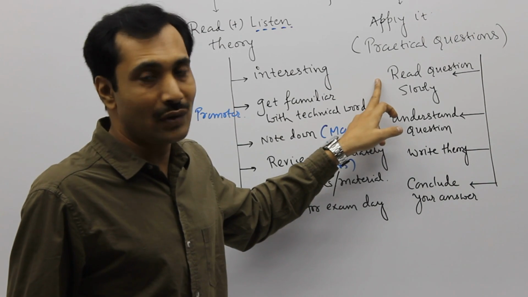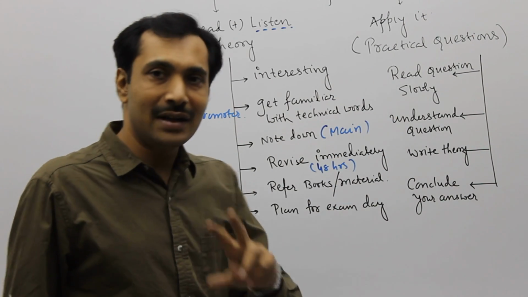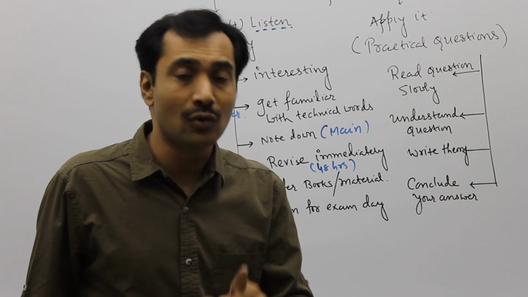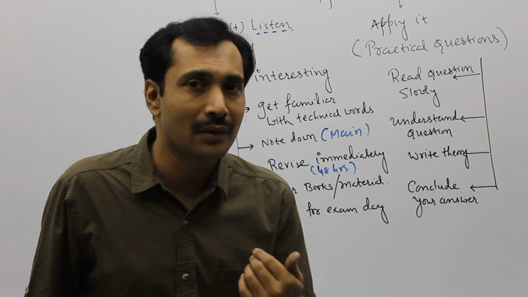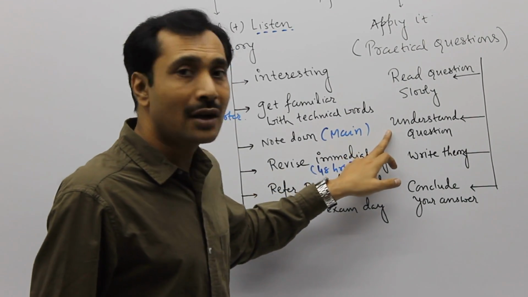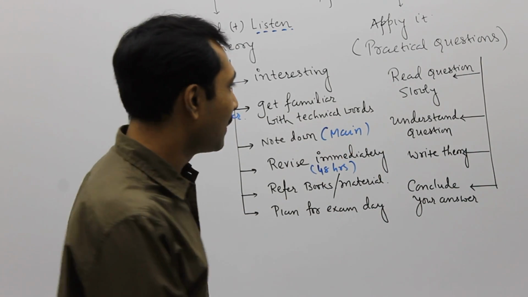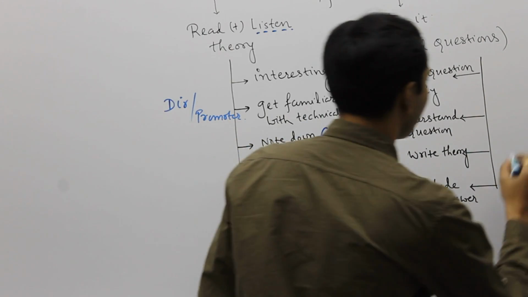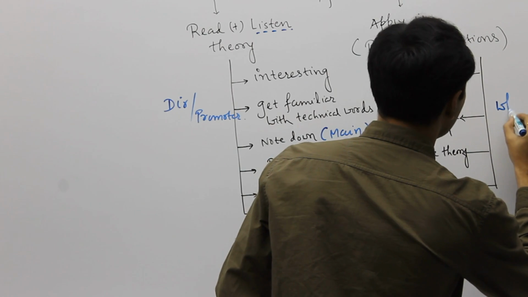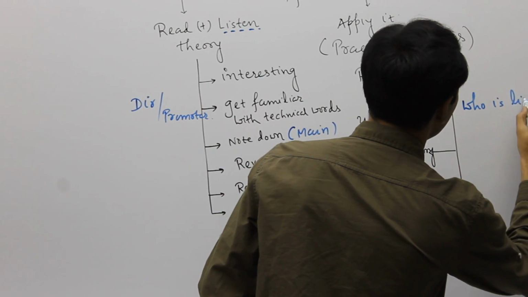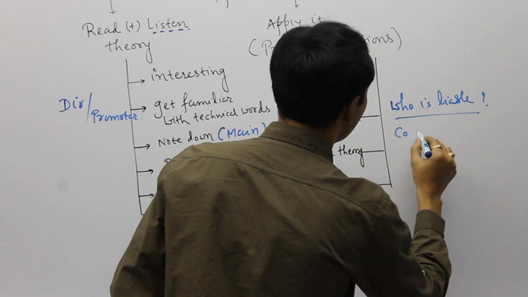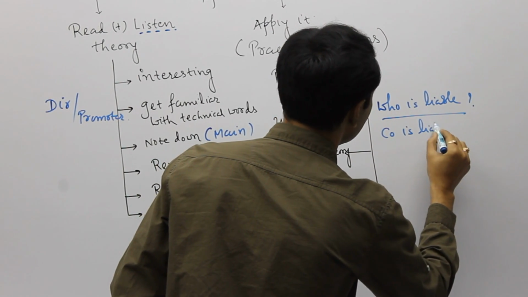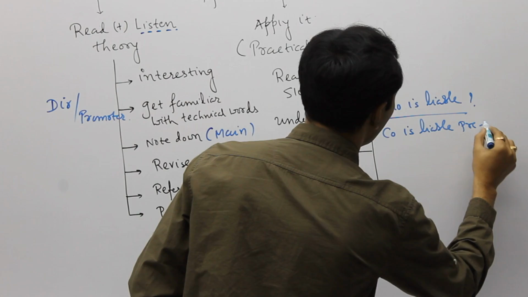So read the question very slowly. Whenever it is a practical question, read the question very slowly. Try to get the information from the question and understand the question. Say, for example, in the case of a promoter, it has been asked, who is liable? And another question is whether the company is liable for this pre-incorporation contract.